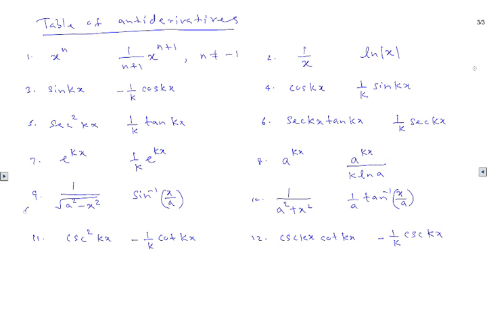Also, I'm going to give you one more. I'm going to call it 9 star. When you have a negative sign in front, you can call it the negative of this, or you can also say cosine inverse x over a when you have a negative sign, but that's optional.